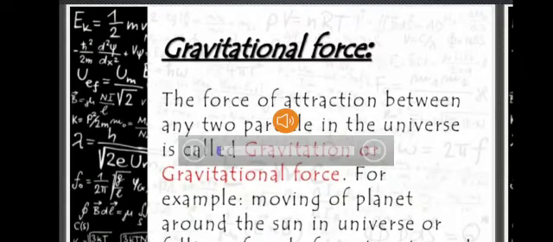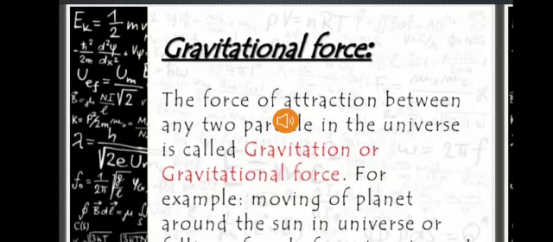Gravitational force is the force of attraction between any two bodies of this universe. That is the gravitation or gravitational force. For example, moving of planet around the sun in the universe.